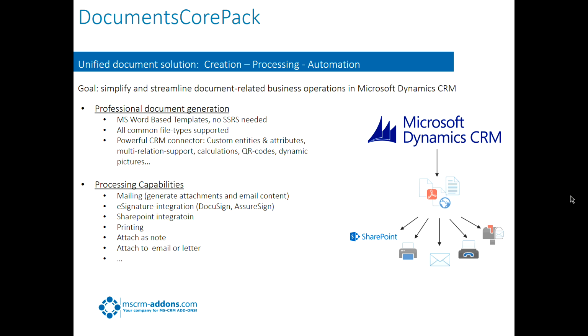Either you can generate attachments and attach it to an email, or set it up as email content. It does have e-signature integration via DocuSign or SureSign. We have SharePoint integration as well. It does printing. You can attach your file to a note on a record. You can attach it to an email or a letter, and you also have several other different options.